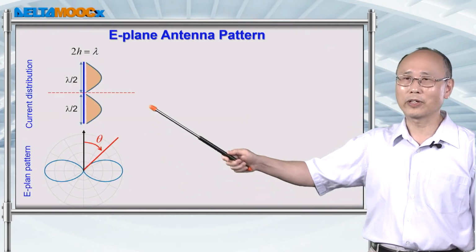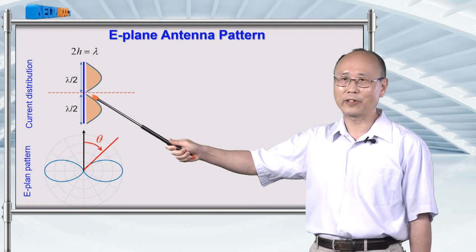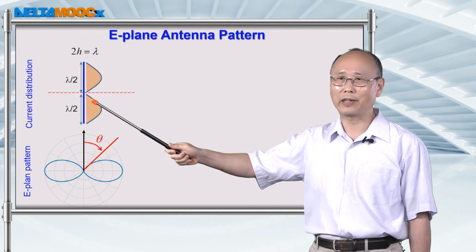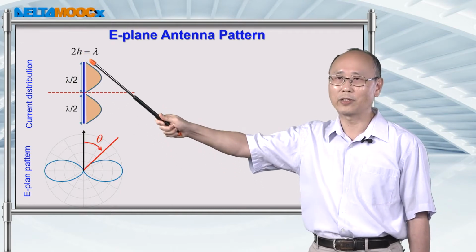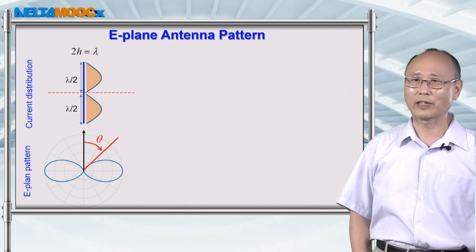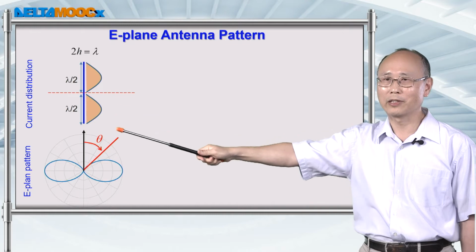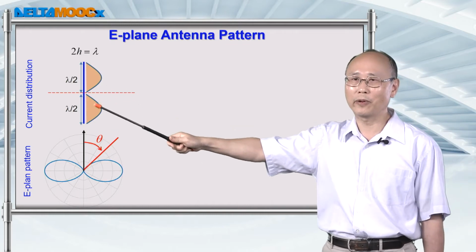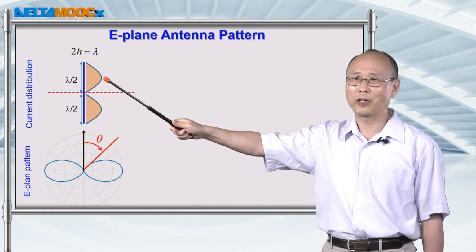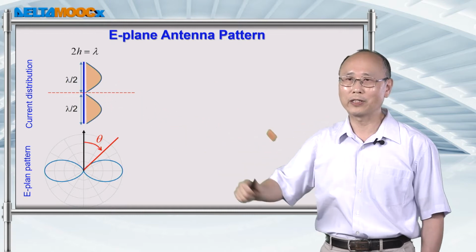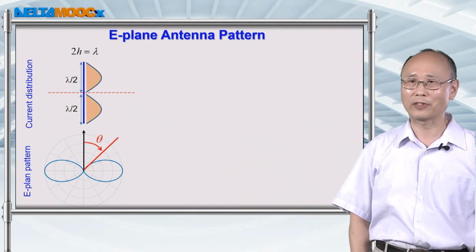We continuously look into antennas of different lengths. For example, this antenna has a length 2h equal to 1 wavelength. So this means that on this antenna rod, you will have 2 standing wave lobes for the current, because every standing wave lobe is going to be equal to half wavelength.